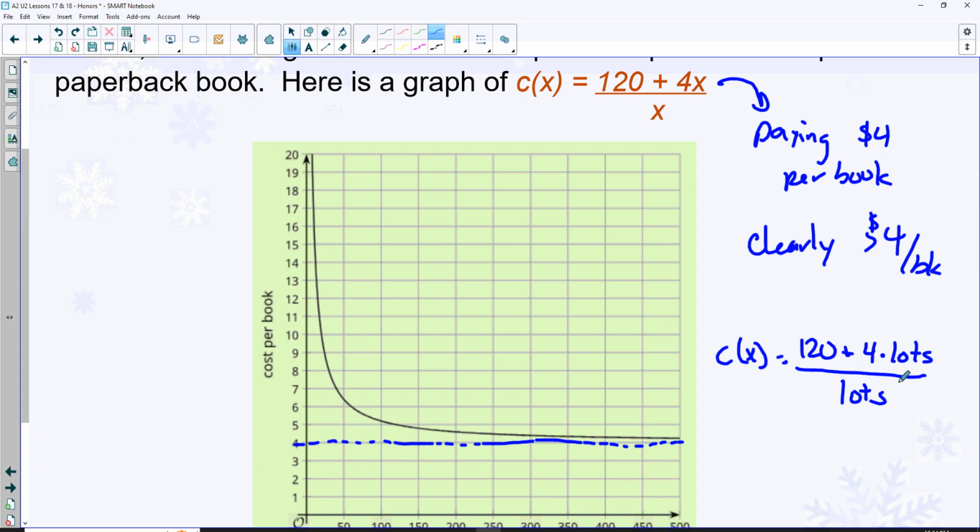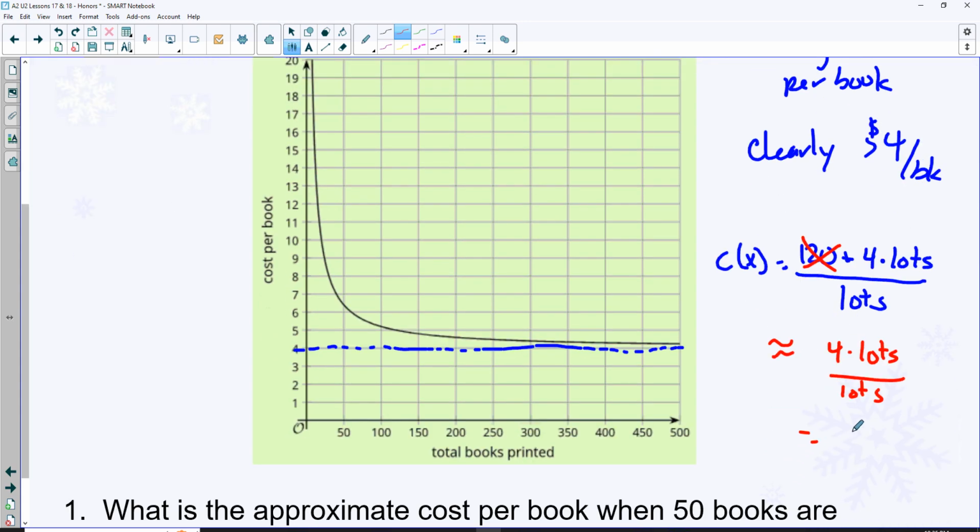So guess what? When I reach this sort of situation where I've got a huge number and I'm adding in a number that's not quite so big, I'm just going to ignore that. Ignoring that, I get an answer of 4 times number divided by number, which is just 4.